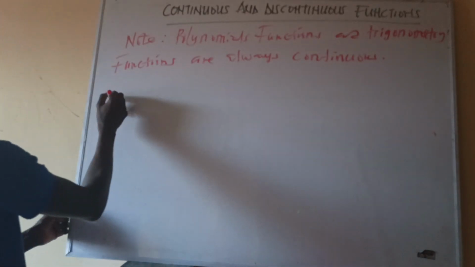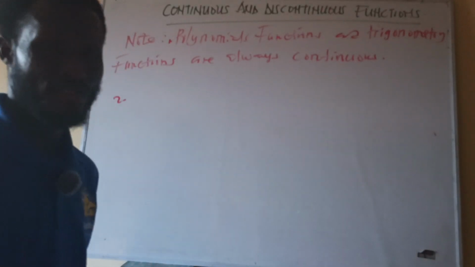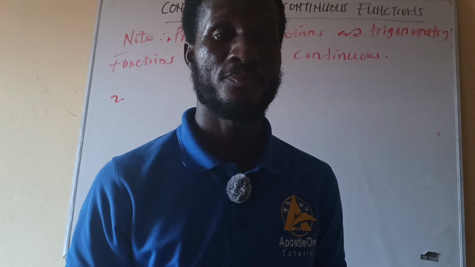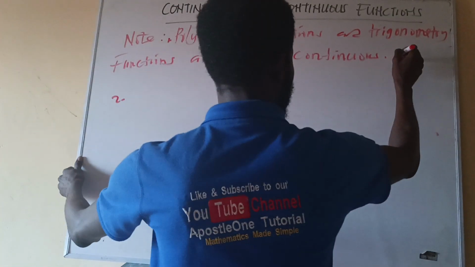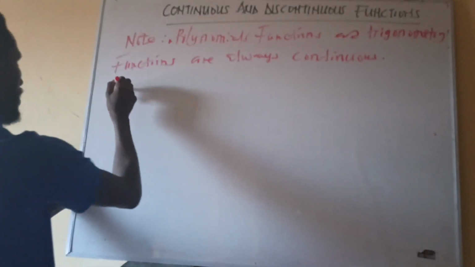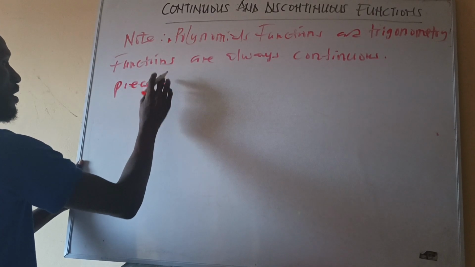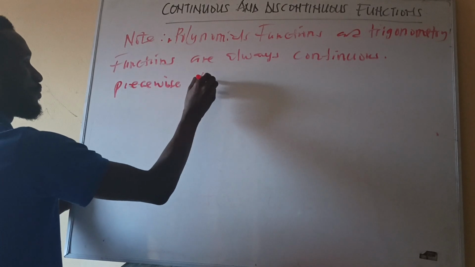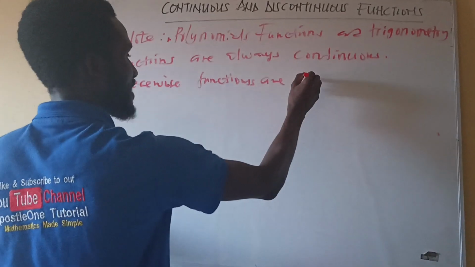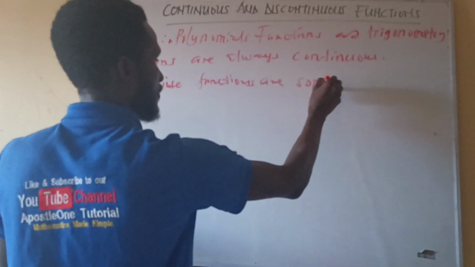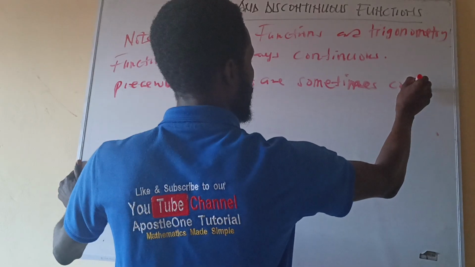And then two, the only time you can identify, okay, let me add this one: piecewise functions are sometimes continuous.